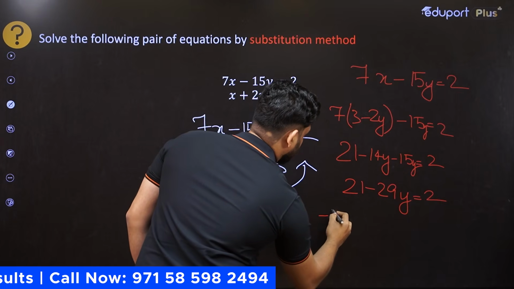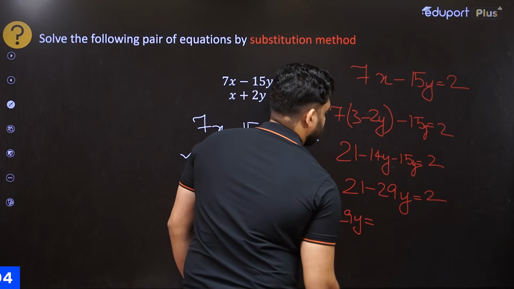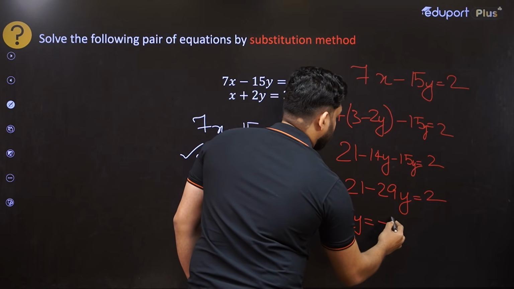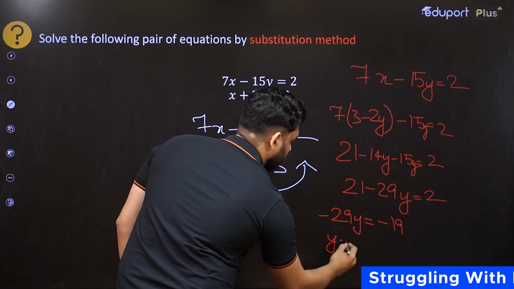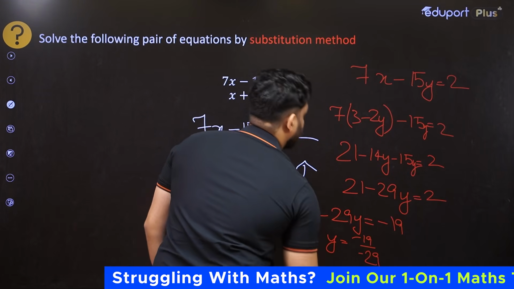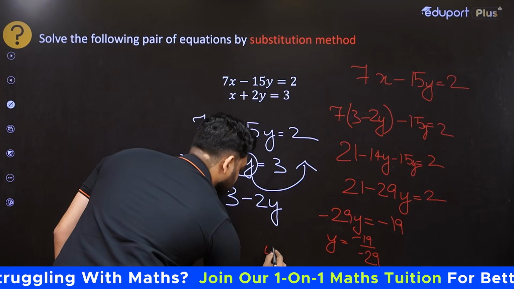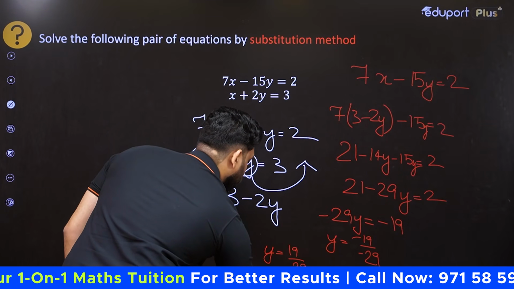That is minus 29y is equal to, if 21 is going to the right hand side, it will become 2 minus 21, that is minus 19. So y will be equal to minus 19 by minus 29. So we will get the final value of y as y is equal to 19 by 29.